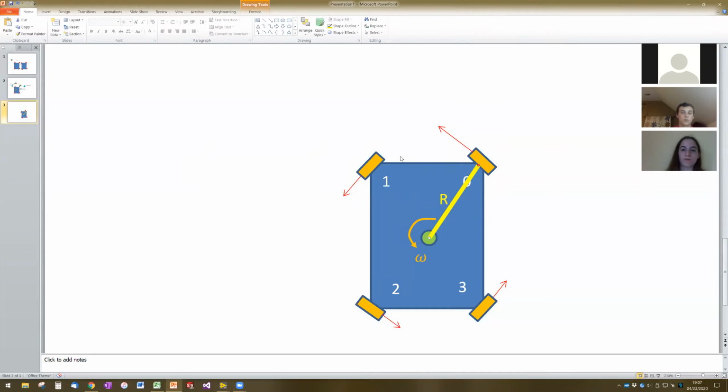Now, if we were going to do a full vector math course, this is where I would say, okay, the radius is actually also a vector, right? It's going from the center to some other point. It's got a direction, it's got a magnitude. And in order to find this interaction between the radius vector and the velocity vector, we would need to multiply our vectors.